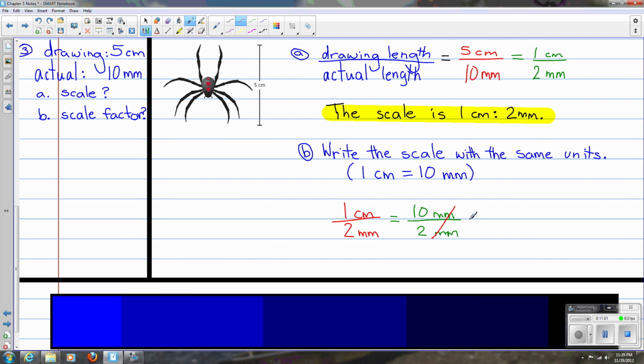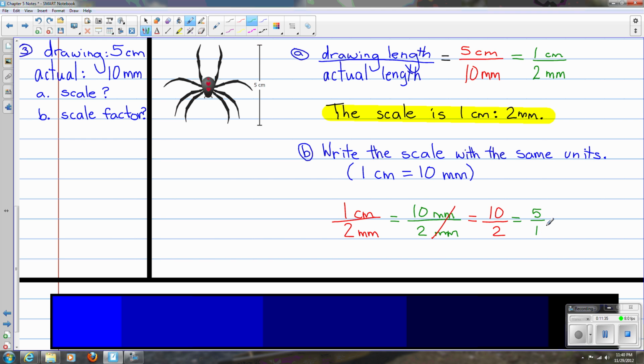And now I don't just have the scale, I have the scale factor. The scale factor is 10 to 2. But remember that we are not allowed to have any fraction answers that are not simplified. So I can divide both of those by 2. 10 divided by 2 is 5, and 2 divided by 2 is 1.